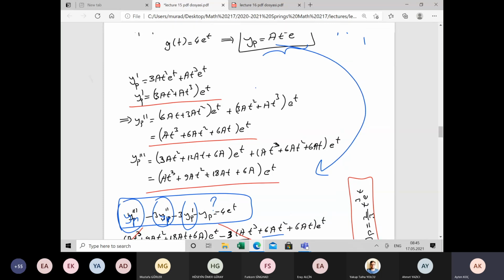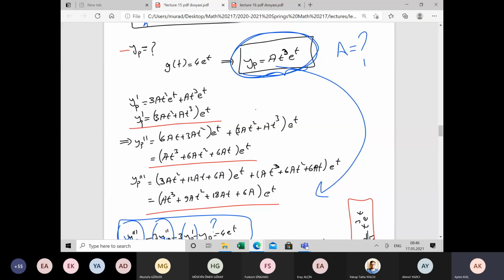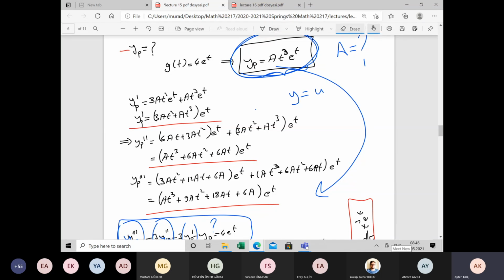Take this one and differentiate with respect to t, using the product rule. We know that for the product rule, the derivative of u times v is the derivative of the first one times the second one plus the first one times the derivative of the second one. Use this formula to compute the derivative.